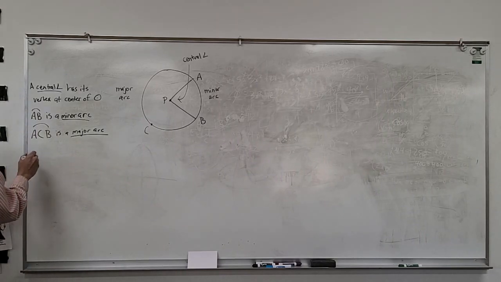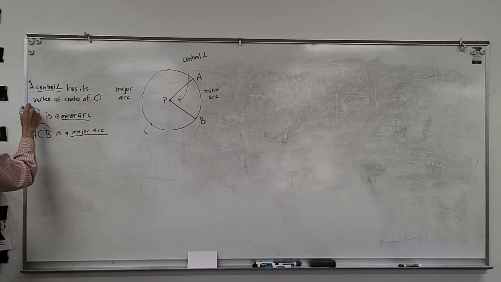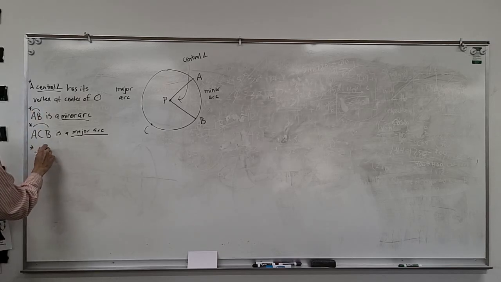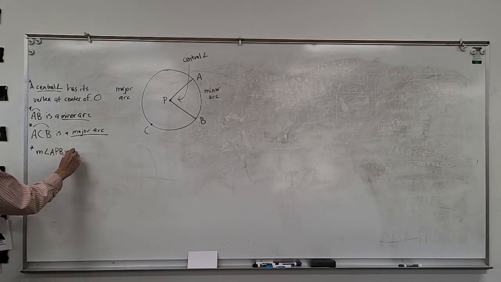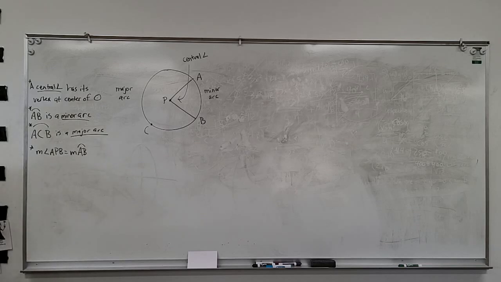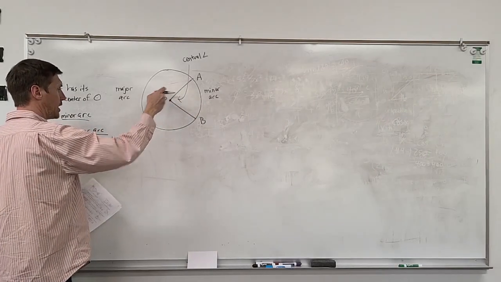Make sure you know this definition, this definition, this definition, and then finally, the measure of angle APB equals the measure of arc AB. So the measure of this arc is the same as the measure of this angle right here.